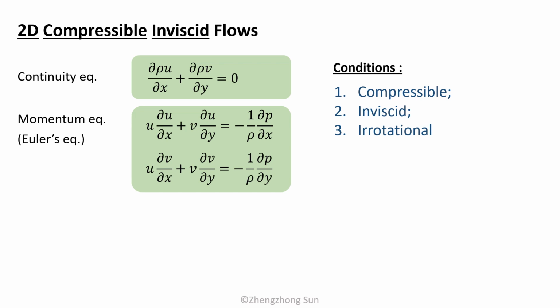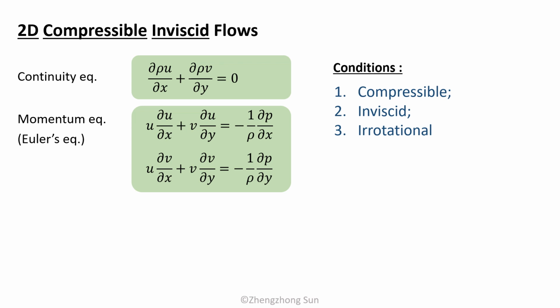Now let's introduce the conditions for these three governing equations. First of all, the flow is compressible, and second, the flow is inviscid. What does inviscid mean? We're neglecting the viscosity, which means there's no boundary layer. And the third is irrotational. What does irrotational suggest?